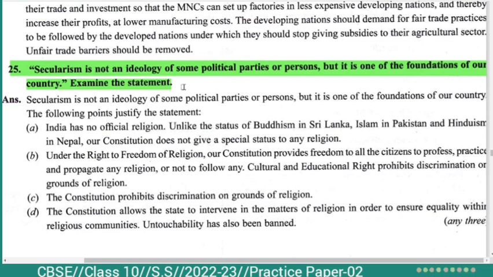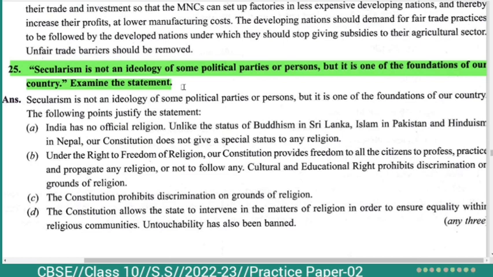India has no official religion, unlike the status of Buddhism in Sri Lanka, Islam in Pakistan, or Hinduism in Nepal. Our constitution does not give a special status to any religion. Next point. Under the right to freedom of religion, our constitution provides freedom to all the citizens to profess, practice and propagate any religion or not to follow any.